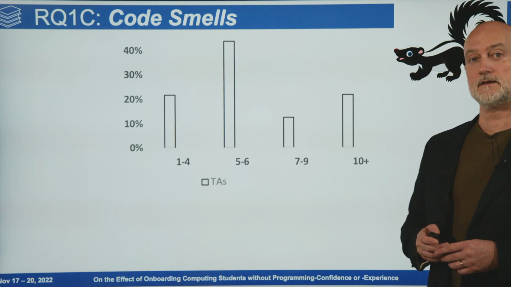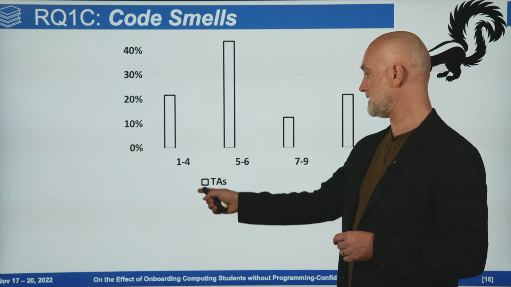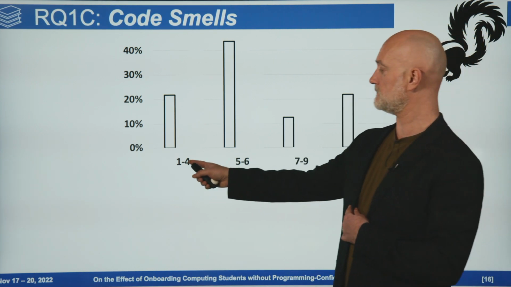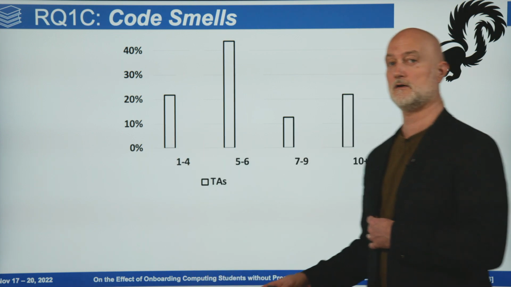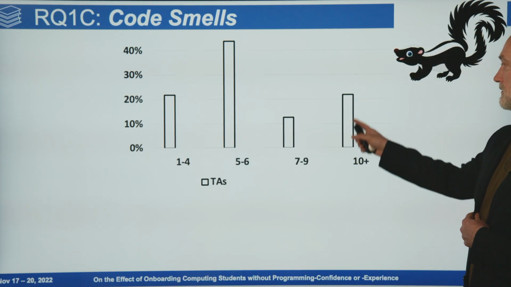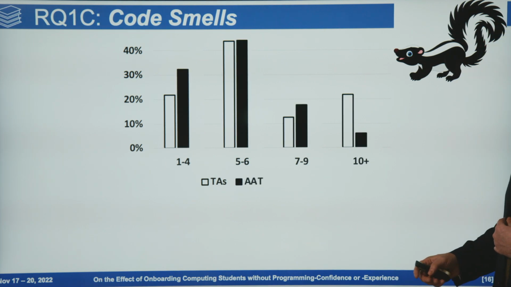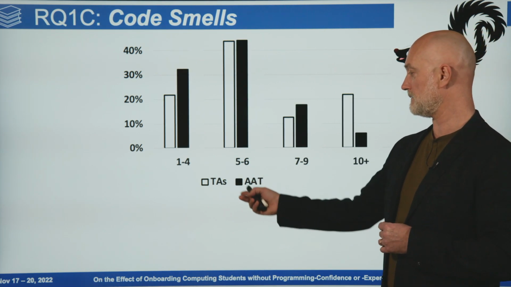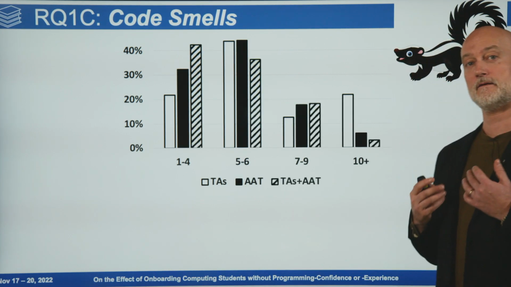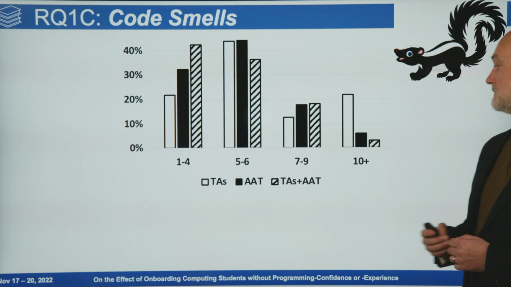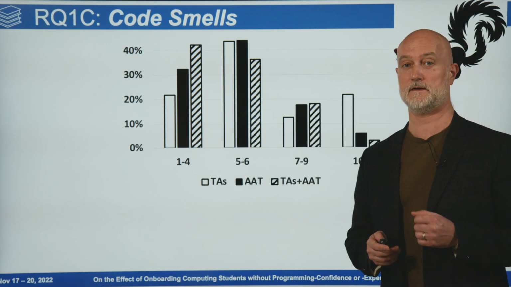For code smells, if we have a look at the students under the TA condition here, we see students that hand in code that has 1 to 4 code smells. Over here we have students handing in code with 10 or more code smells. We see the numbers improving when we look at students with access to automated feedback, and again improving even further when the students have access to both manual and automated feedback.